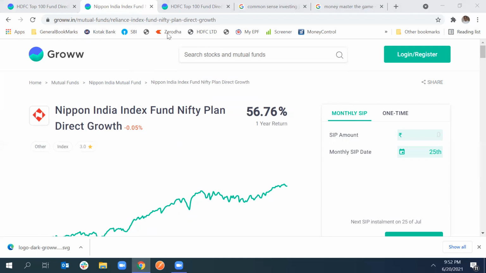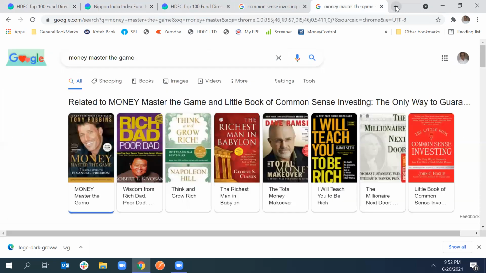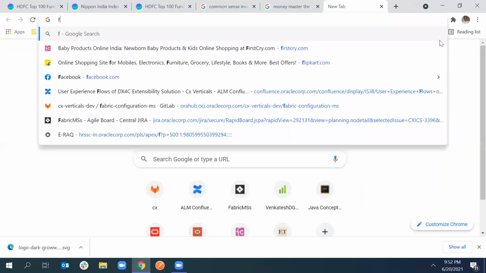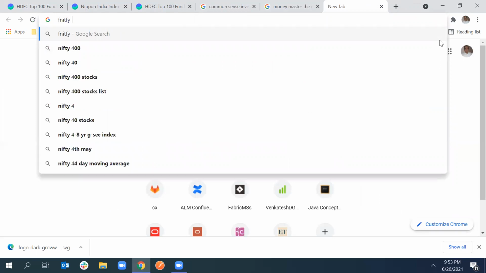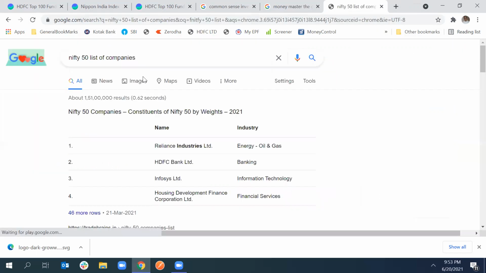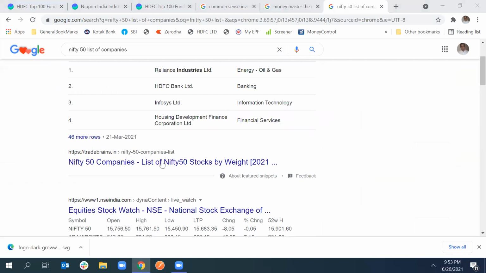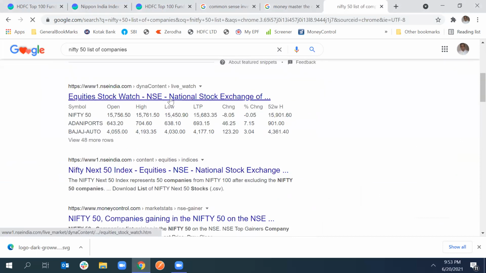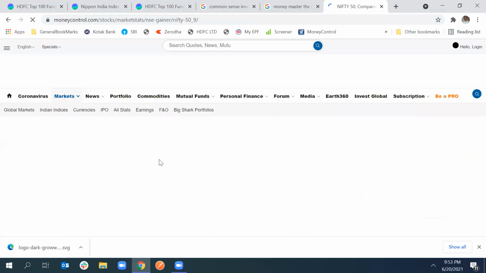So if you go to Nifty, for example, when you say Nifty 50, a list of companies. I'm just enabling you to read this information. This is the Nifty website, which our National Stock Exchange maintains. If you go and see there, you will see the Nifty 50 companies.